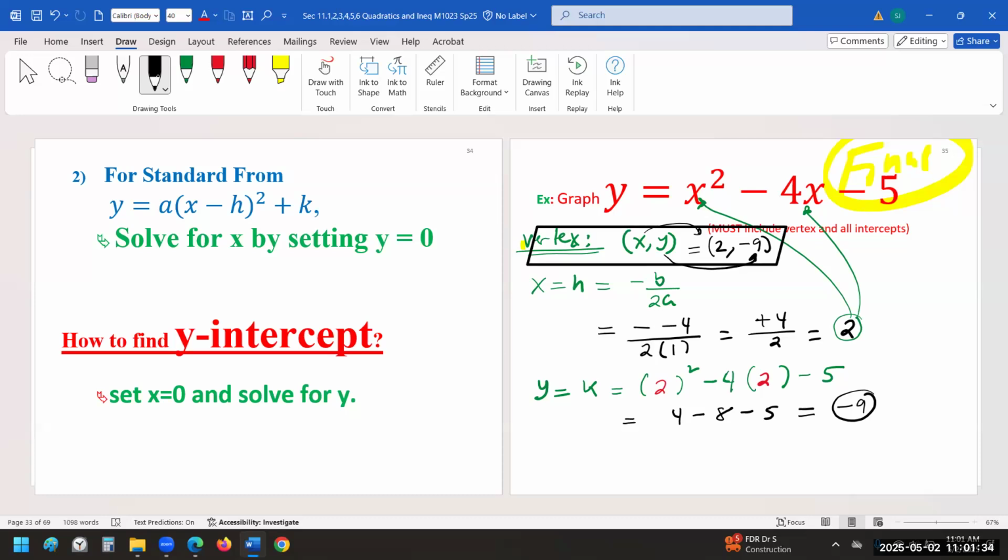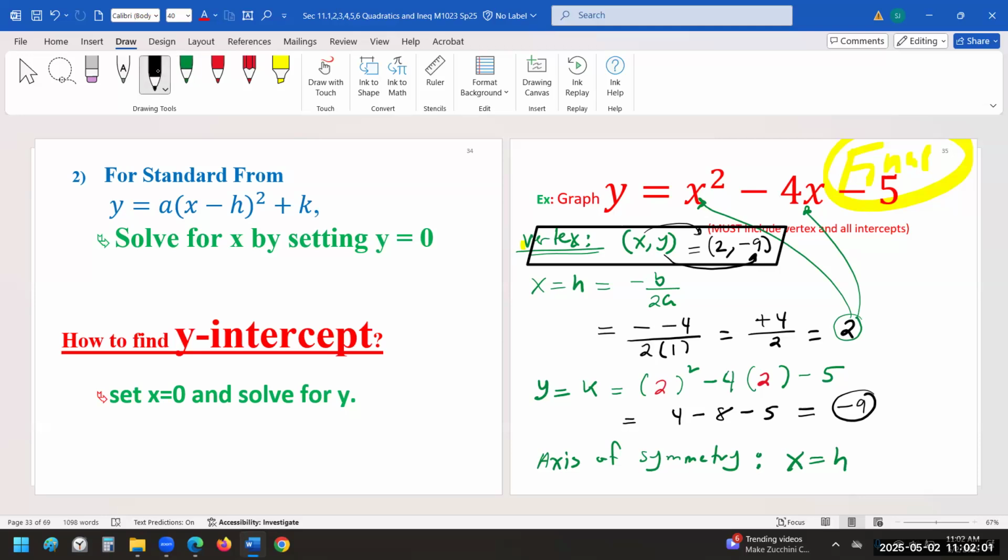Sometimes they ask for axis of symmetry. Axis of symmetry is a vertical line, so it has to have equation x equals something. So our formula is x equals the x value of the vertex, which is h.